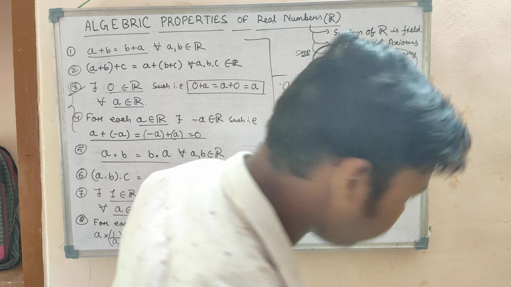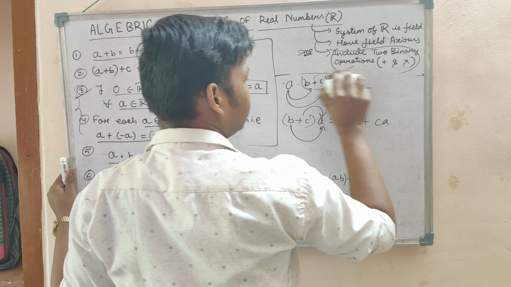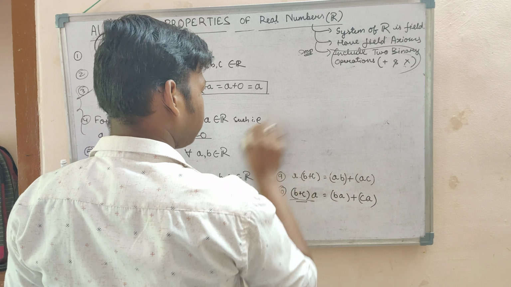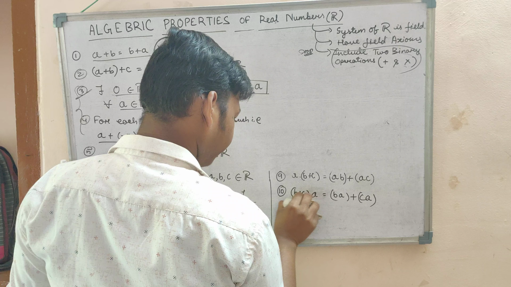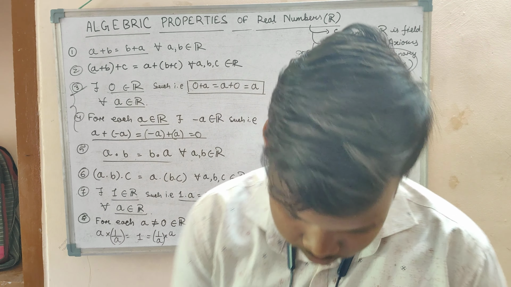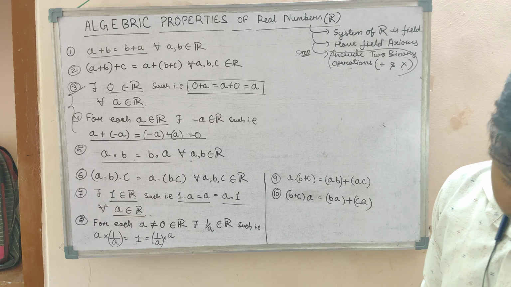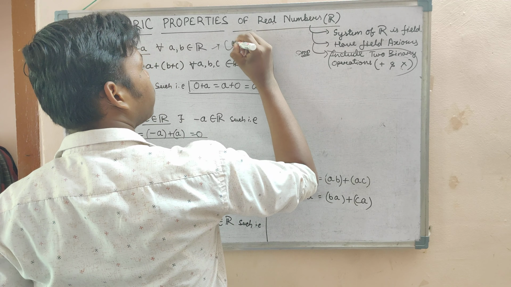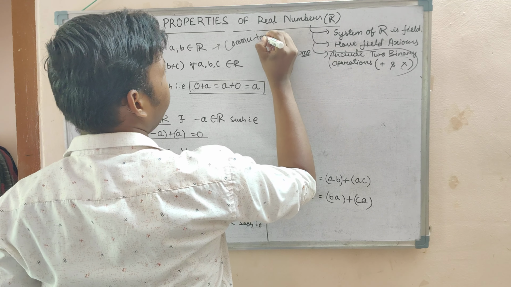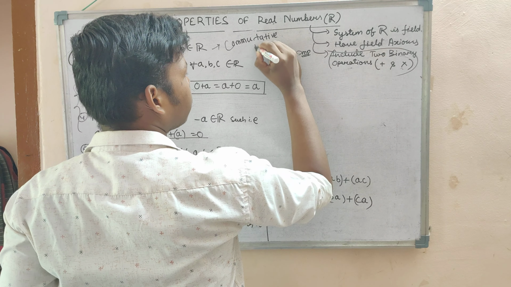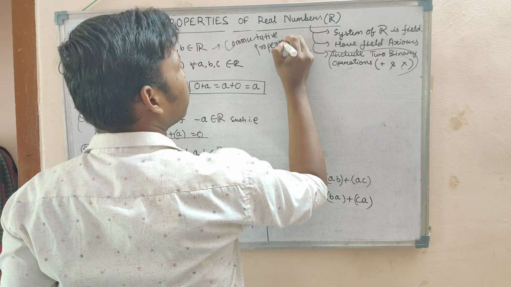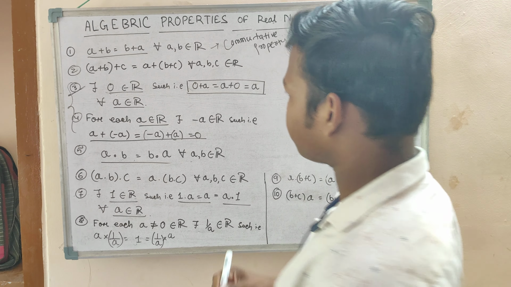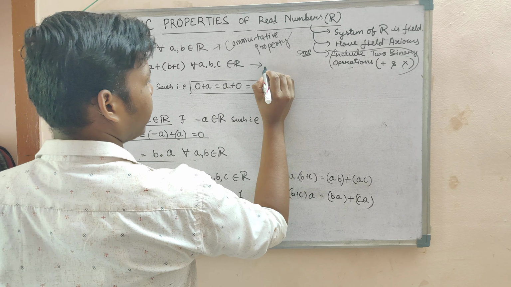Easy only. So lastly, what I want to discuss with you is which of these contains which property. You see, a plus b is equal to b plus a. It is the commutative property. Next is the associative property.